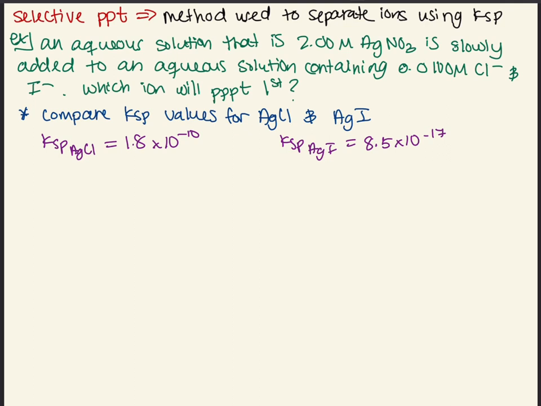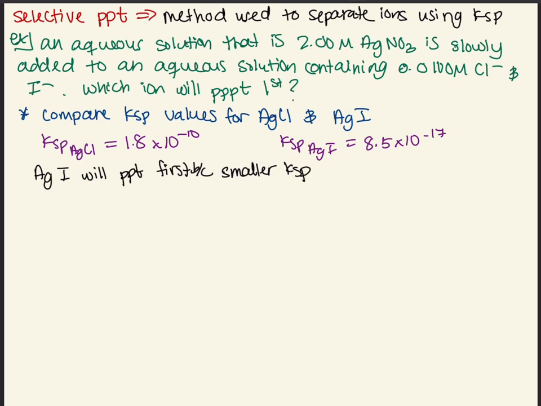So the silver iodide has a KSP that is much, much smaller than the silver chloride. So silver iodide will precipitate first because it has a smaller KSP.